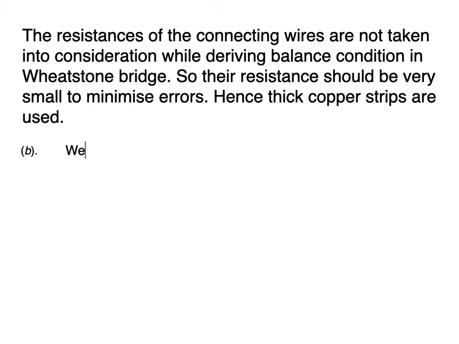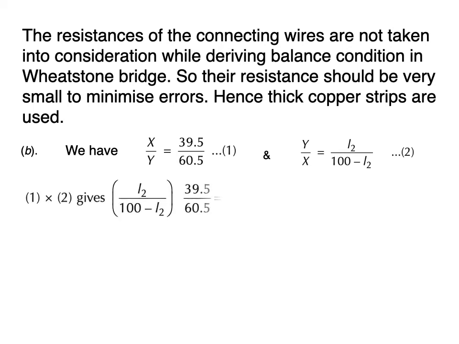For B part, we have X over Y equal to 39.5 over 60.5 and Y over X is equal to L2 over 100 minus L2. When you interchange X and Y, you get a new equation. We take balancing length as L2 in this case.